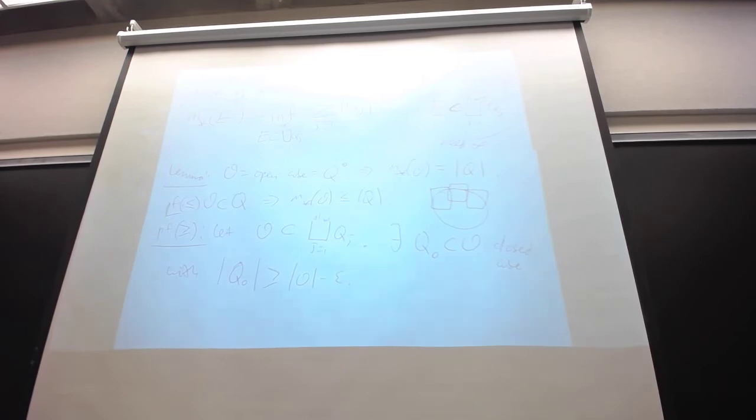Okay, so you have your open cube. I don't know how to draw an open cube. That's a soft open cube, and inside it is a hard closed cube, Q0 sitting inside O, without losing too much. Okay, now this is contained in O.